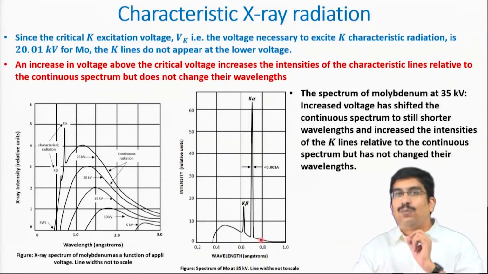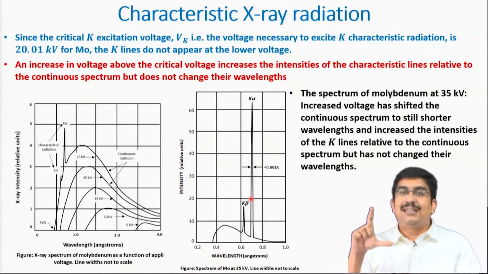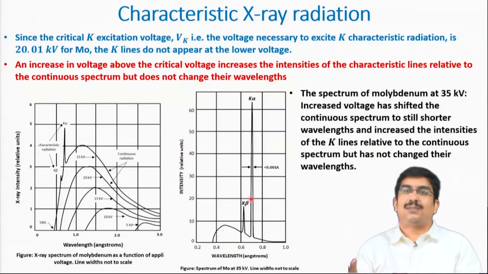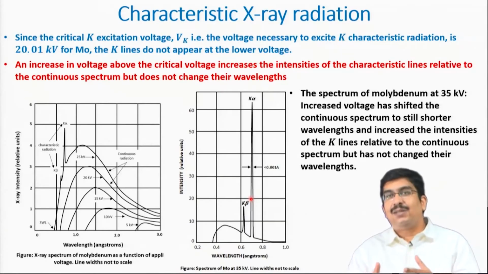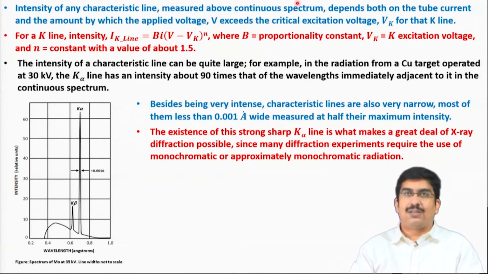That is why, when we consider the intensity of the characteristic spectrum, we always make this point: the intensity is measured above the continuous spectrum. So the intensity of the characteristic spectrum is the total intensity minus the intensity of the continuous spectrum for that particular wavelength. This is an important point to remember. That is why it is written as measured above the continuous spectrum.